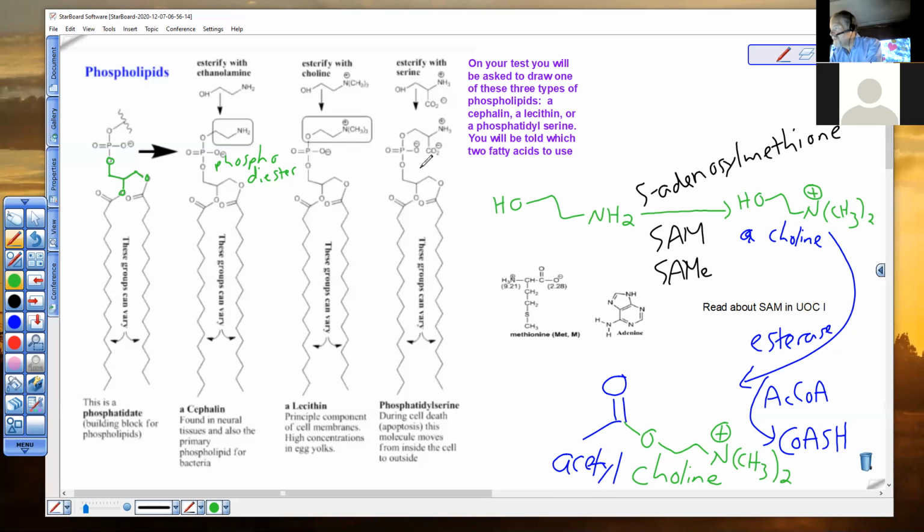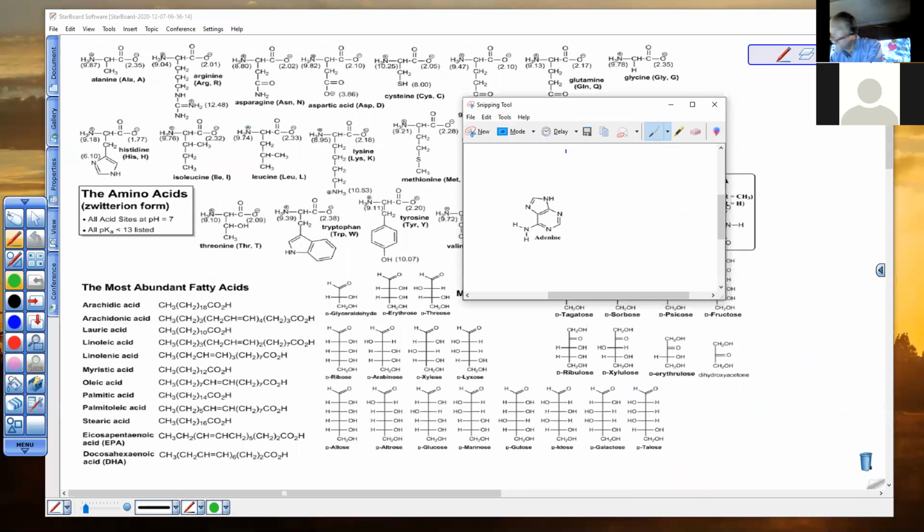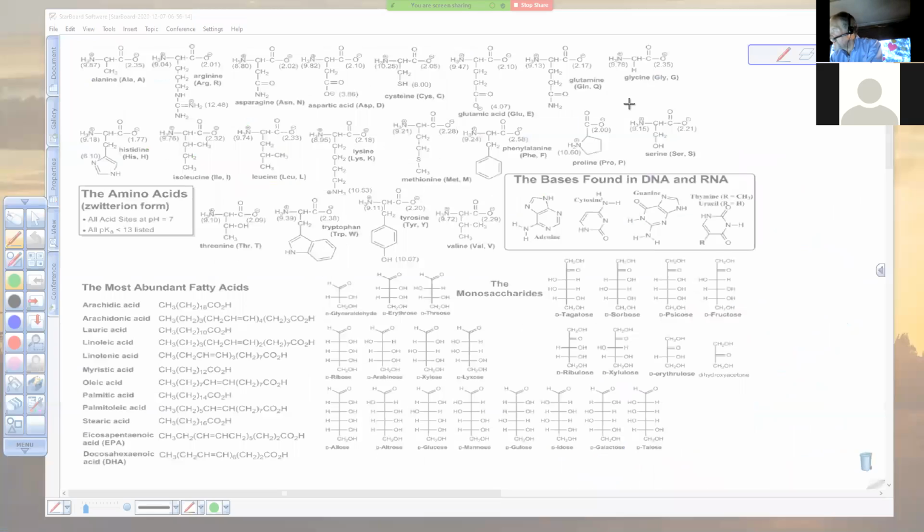Now, if you make an ester instead with the amino acid serine, serine found over here as well, SER, right there. And we're going to go steal that one if I can find my snipper. Serine.